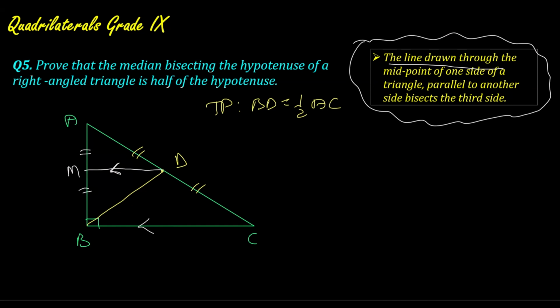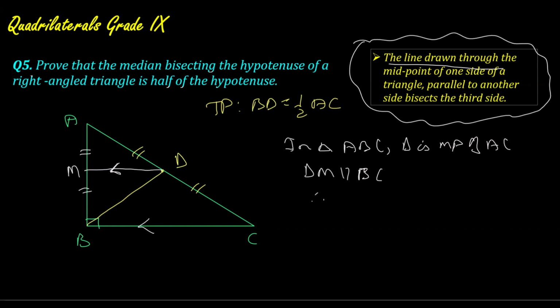So now we can apply this property and say that in triangle ABC, D is the midpoint of AC, that's given, and DM is drawn parallel to BC.